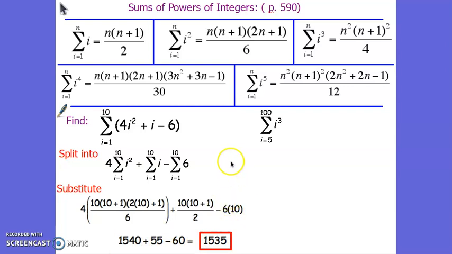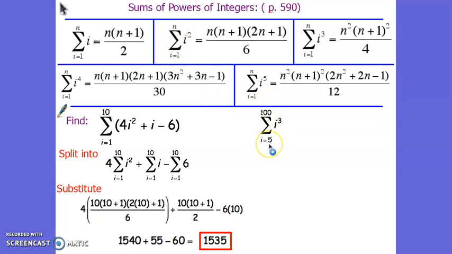Now, the one trick to these formulas is you'll notice that each one of them starts at i equals 1, i equals 1, i equals 1. Remember when we proved that formula previously, we proved that it worked for the first term. Well, these formulas assume that we're adding up all the terms starting from 1 up to n. So what do we do about this formula down here?